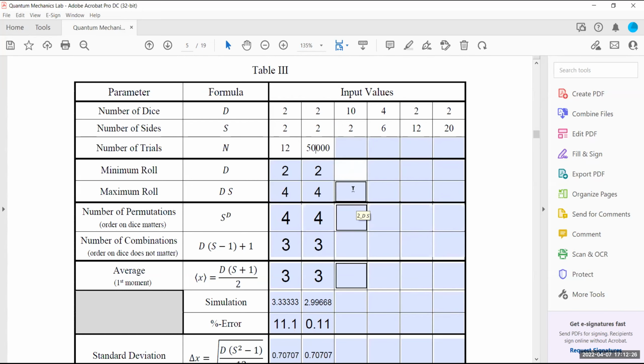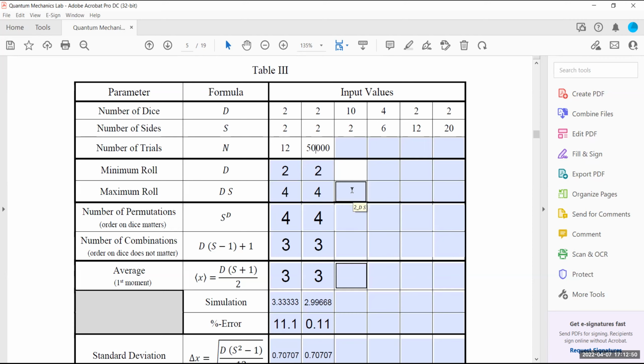This is 10. And now, what are the potential values in this case? You can have 1, 1, 1, 1, 1, 1, 1, 1. I'm sorry, what am I talking about in here? The minimum in here. I'm sorry, I'm talking about the minimum and the maximum.